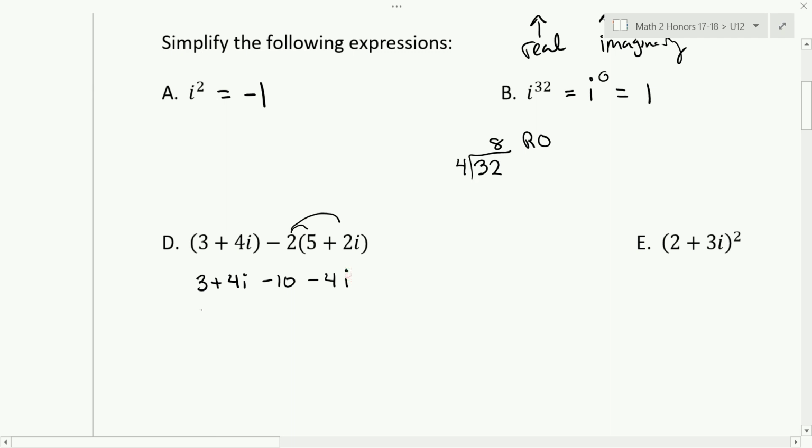And then you combine like terms. So the 3 and the negative 10, those are both real numbers. So I add them together, I get negative 7. And the 4i plus the negative 4i, they're both the imaginary. And so you add the coefficients and you get plus 0i. But we really don't need to put that part, so you just have negative 7.